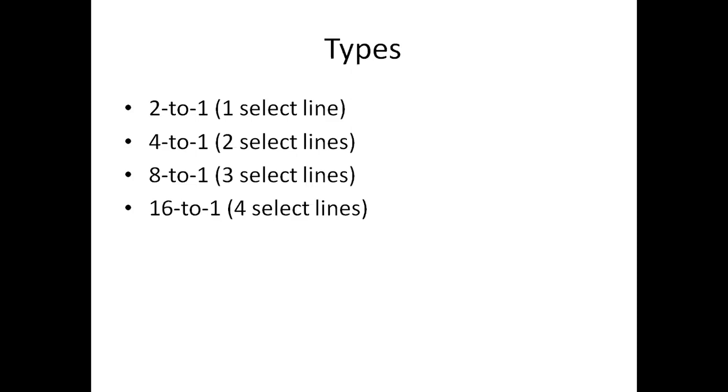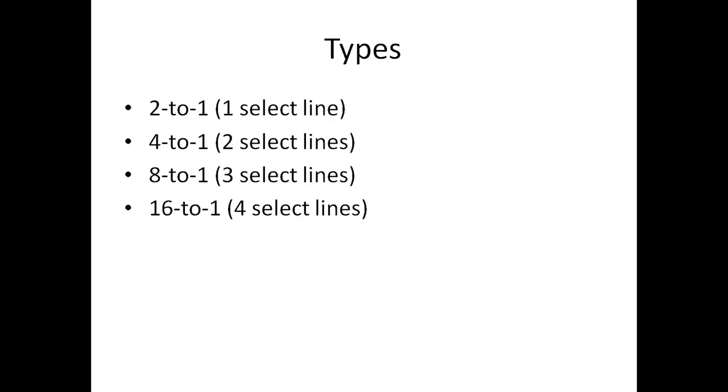You may see that we are only taking powers of 2, like 2 to 1, 4 to 1, 8 to 1 and so on, because while calculating the select lines we can only work with powers of 2.